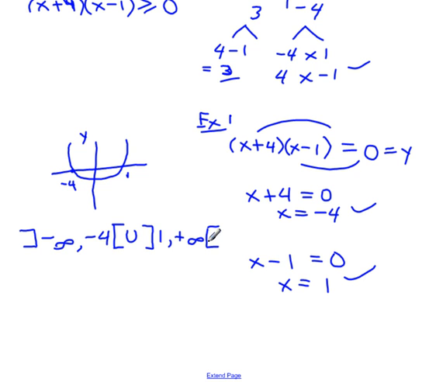And you never include infinities. Is that okay? So where is it greater or equal to 0? That means where is it positive, where is it above the x-axis? From negative infinity to negative 4, and then union, also 1 to positive infinity.